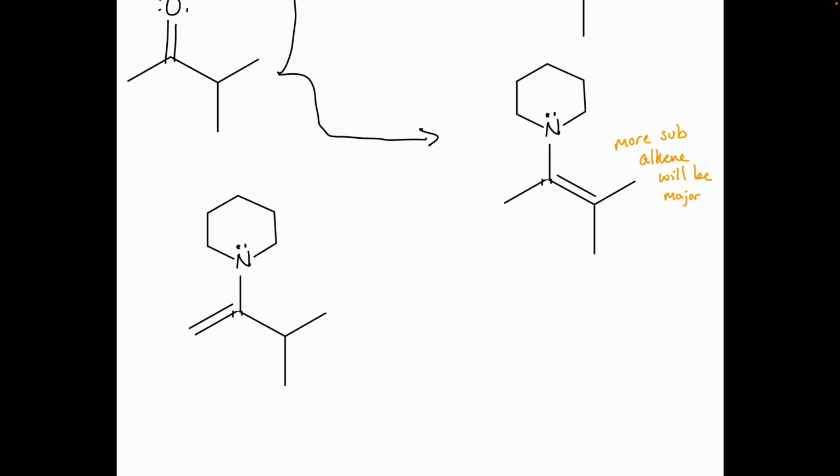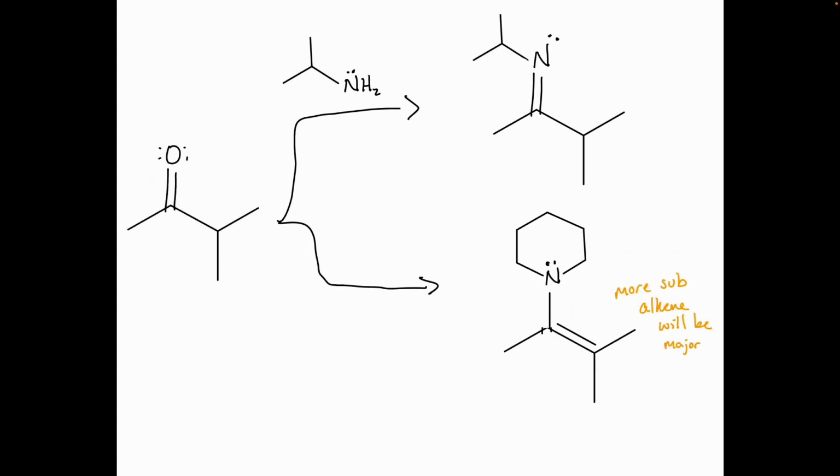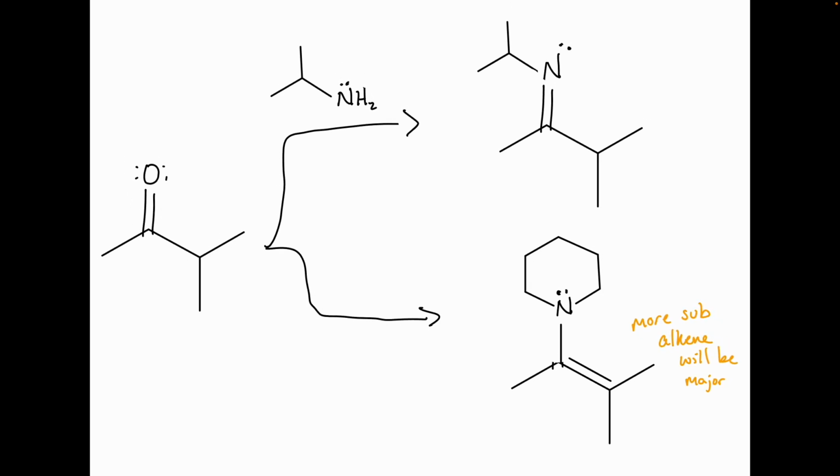All right, and previously, with all of our elimination reactions, I made you draw all possible products and tell me what was major and minor. In this case, I'm just going to ask you for the major product of these reactions. So you want to give me the more substituted alkene for your enamine.